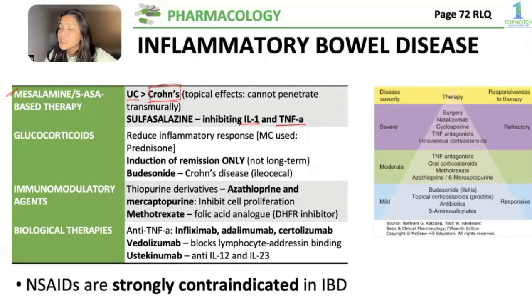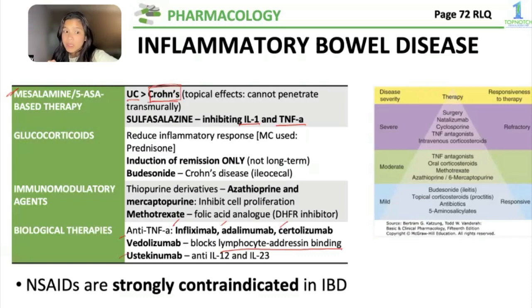Now, if it's very severe, we do step up to your biological therapies, and the ones you need to know are your infliximab, adalimumab, and certolizumab, your anti-TNF-alpha. Your vedolizumab blocks lymphocyte addressin binding, and your ustekinumab is also used in the treatment of Crohn's disease. Remember, uste has their paskuhan on December 23, 12/23, so it's anti-IL-12 and anti-IL-23.